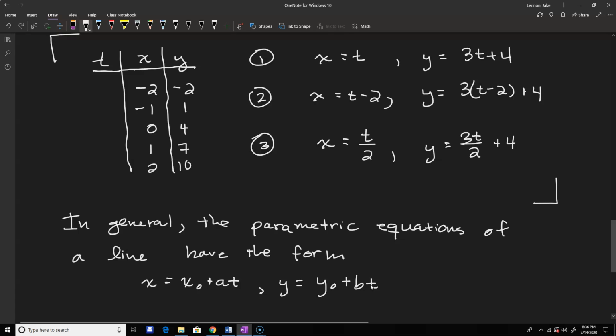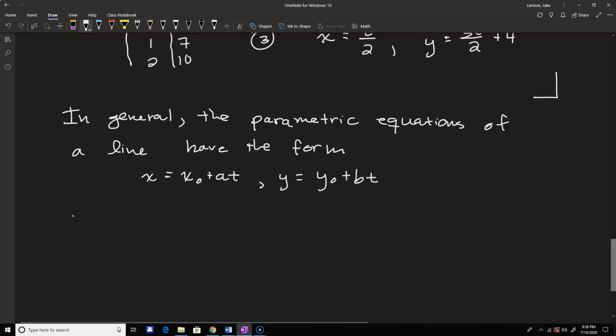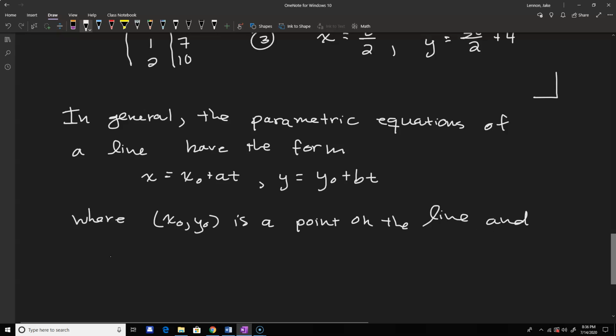So in general, what do these things represent? What's going on is that x0, y0 is a point on the line, and the slope is m equals b over a.